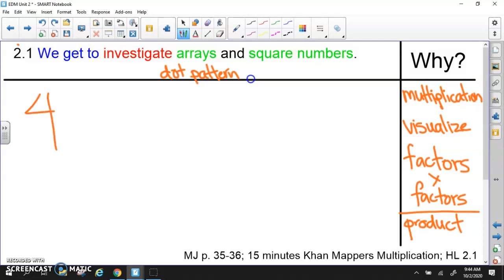Like a 4 with that little tiny 2. You guys might have seen that. That's called 4 squared. When you see that squared, it means the factor times the factor. So it's 4 times 4. This is not 4 times 2. It's 4 times 4.